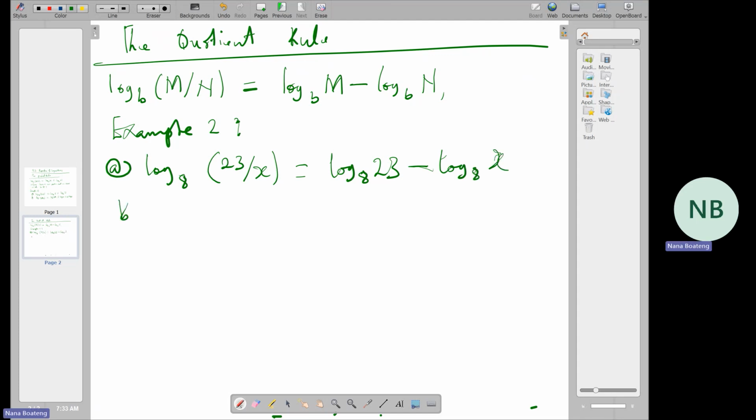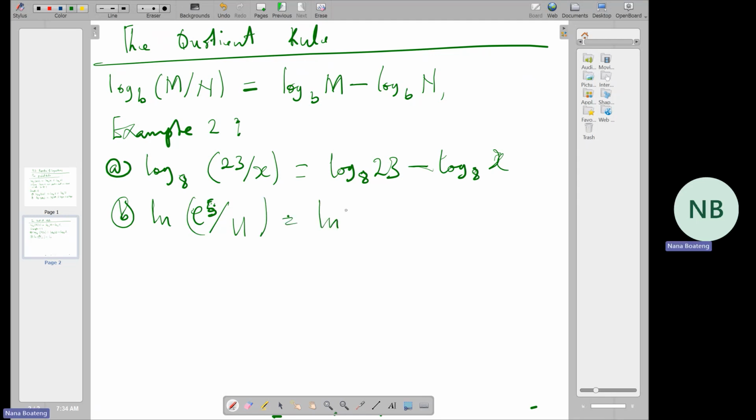And b, log b is the natural log of e to the exponent 5 divided by 11. This is equal to the natural log of e to the 5 minus the natural log of 11, minus 11, not plus 11.